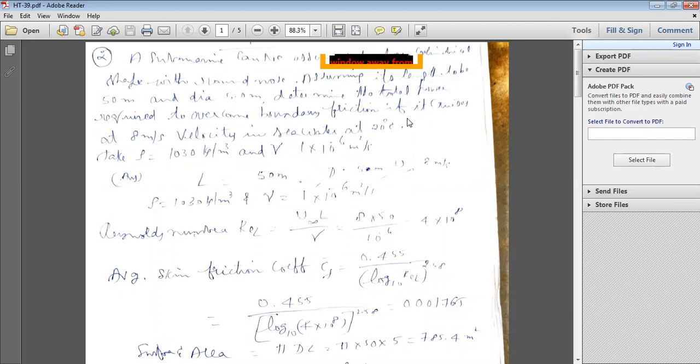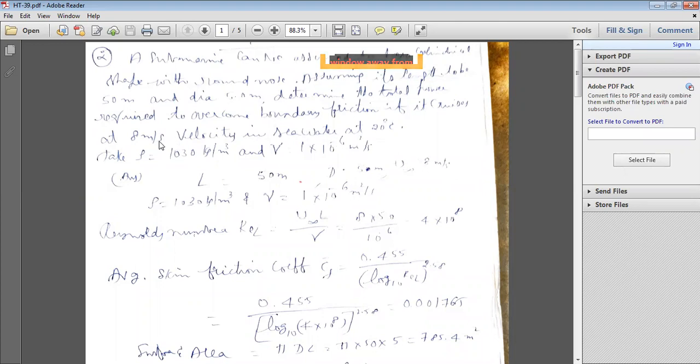For this, you have to calculate. Here, the submarine is given, so it is cylindrical in shape. The length of the cylinder is 50 meters and the diameter is 5 meters. The submarine is moving with a velocity of 8 meters per second in water, so you can take the free stream velocity U as 8 meters per second.